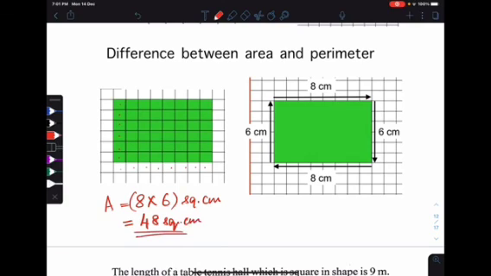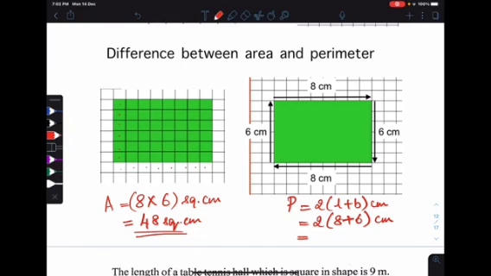But when it comes to perimeter, it is nothing but 2 into L plus B, 2 into 8 plus 6 centimeters. 8 plus 6 is 14.